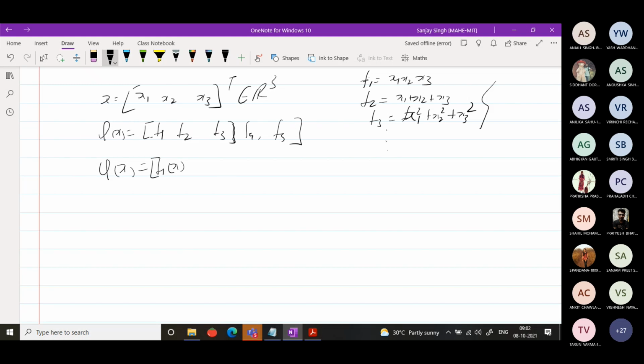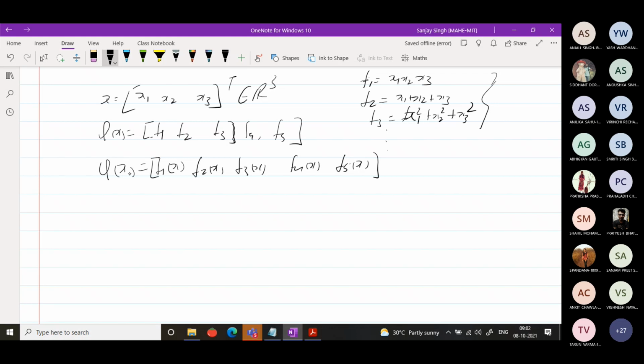Let's not bother about all these things for the time being. Of course, these are basis functions, so all will be of the same form but with different centers. So you have f1(x), f2(x), f3(x), f4(x) and f5(x).